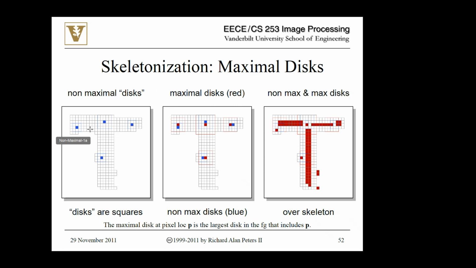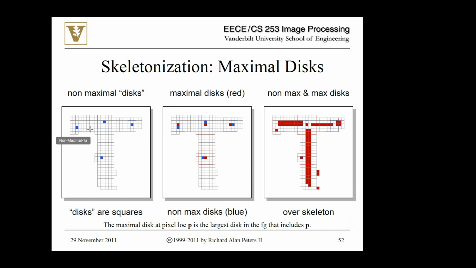And this disk of radius 1 is not maximal. Why? Because I can construct a disk of radius 2. This red point is a disk of radius 2 that fully contains the disk of radius 1. You see? So this blue point is not the maximal disk.